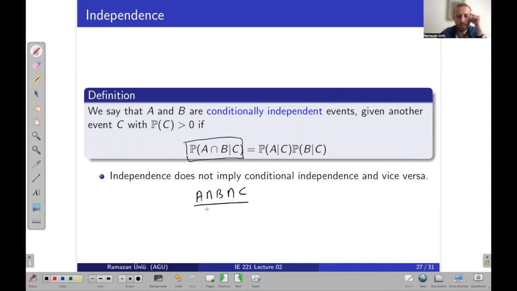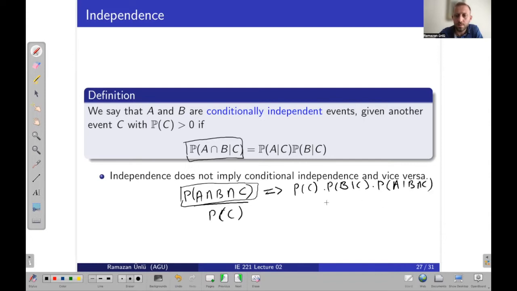Then use the multiplication rule to rewrite this part, which is equal to probability of C times probability of B given C times probability of A given B intersect C, over probability of C, right?